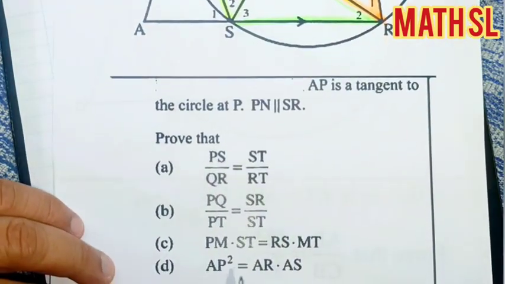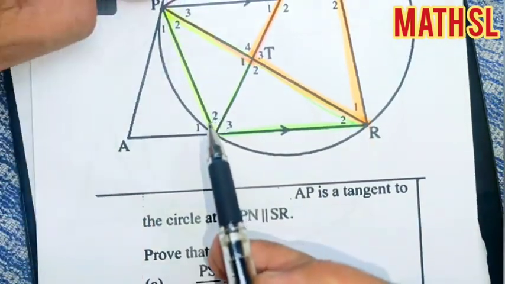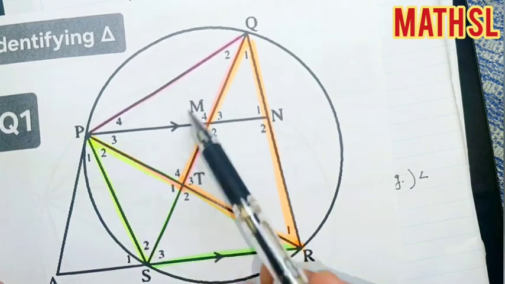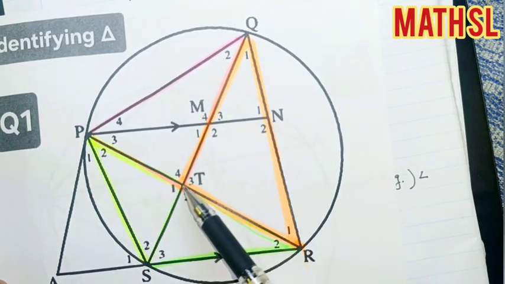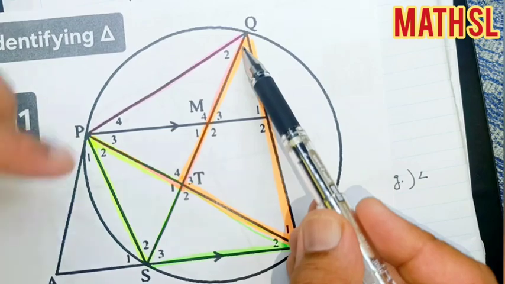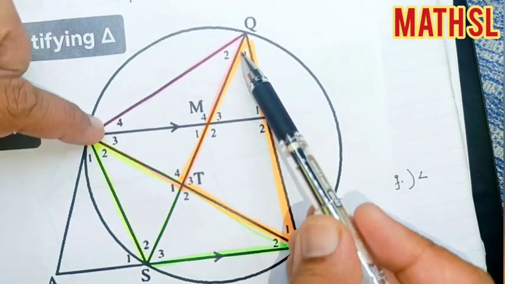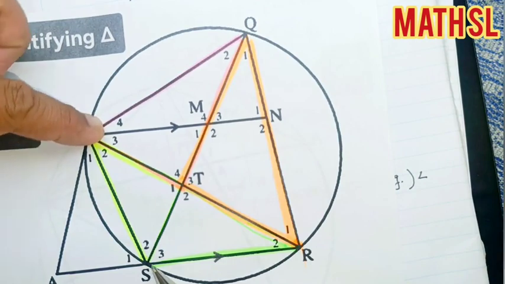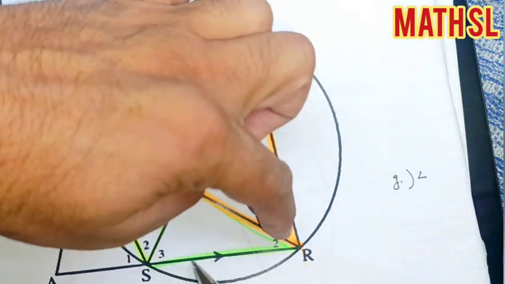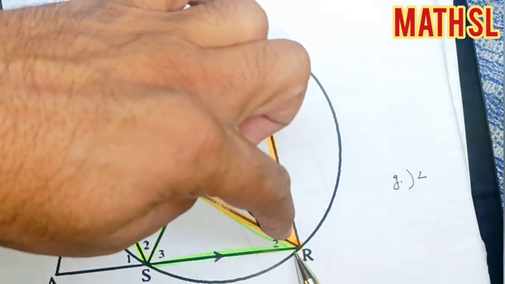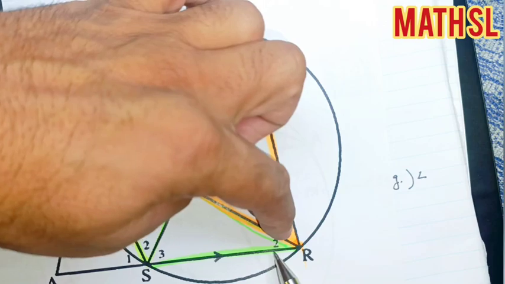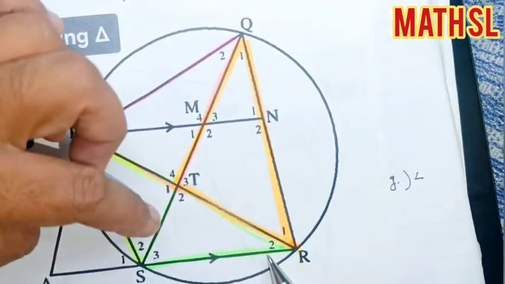Now I'm looking at another angle. We have PQT. Q2 is touching P and S. So this chord, PS, is forming an angle at Q2, and on the other side R2 is forming the angle R2. So it's also going to be angle in the same segment.